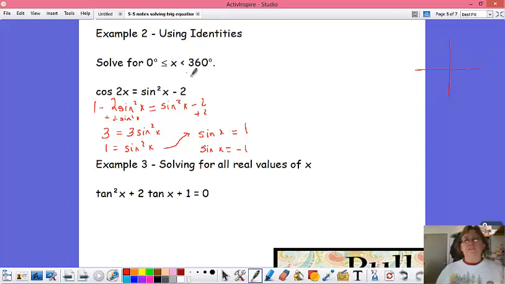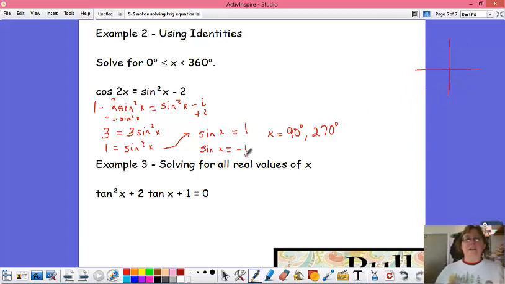But we're solving within 360 degrees, and we want the place where sine is 1. Sine goes with y, and that's going to happen right up here at 90 degrees. When sine is negative 1, that's down here at 270. So our x's are 90 and 270 degrees. Those are the two places in the first full circle that have a sine of 1 and negative 1.